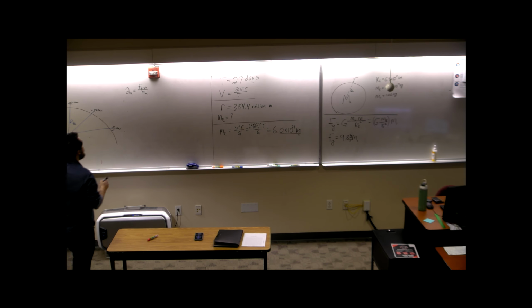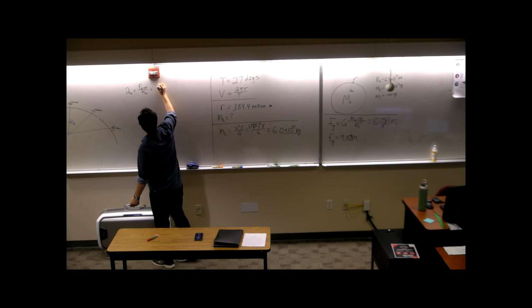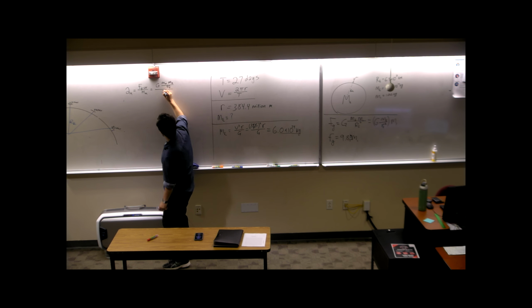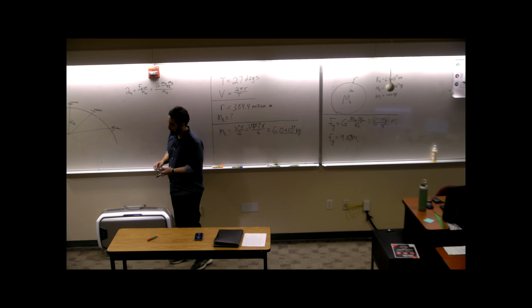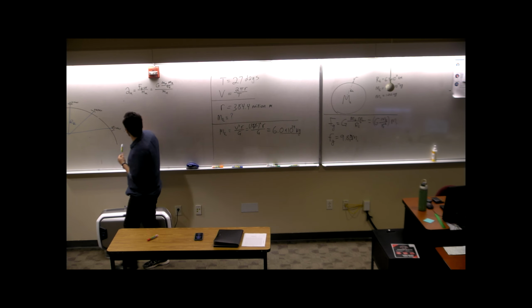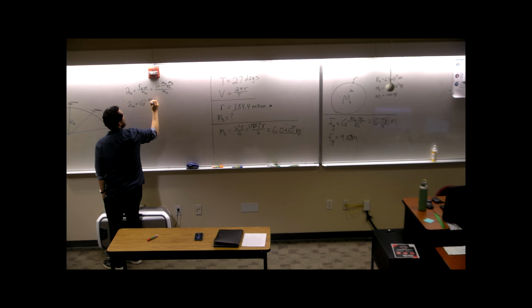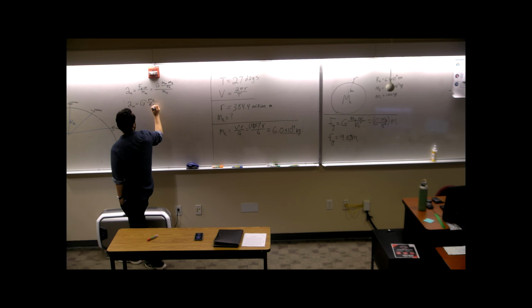We expand out this force of gravity. We say force of gravity is g, mass of the marker, mass of the Earth, divided by the radius of the Earth squared. Don't want to make that mistake again. Divided by the mass of the marker. Suddenly, the mass of the marker cancels out. You end up with the acceleration of the marker is g times the mass of the Earth divided by the radius of the Earth, quantity squared.